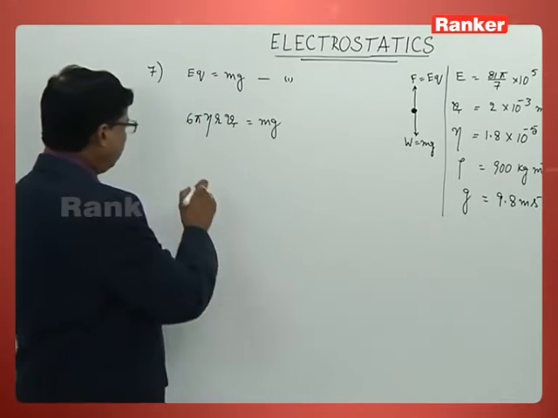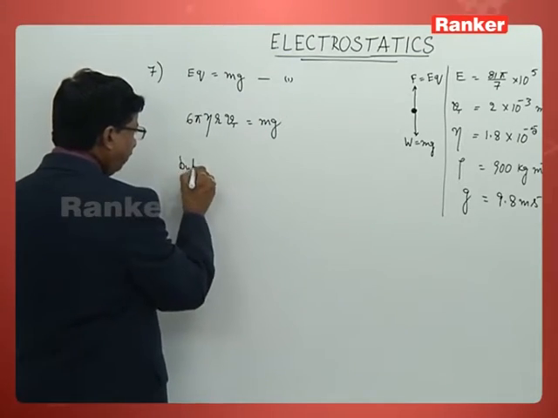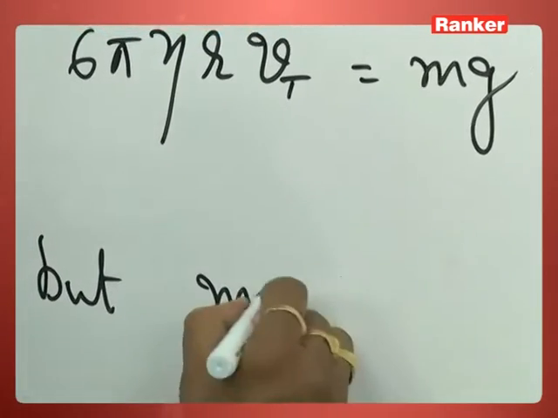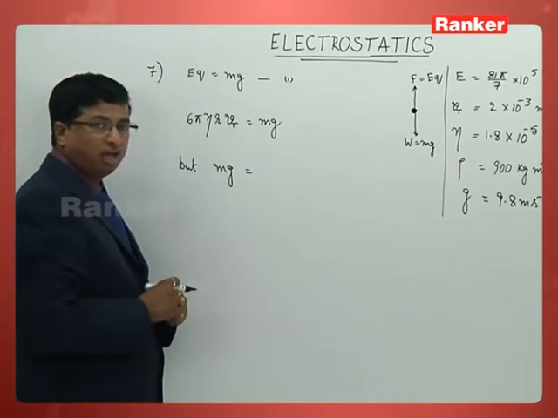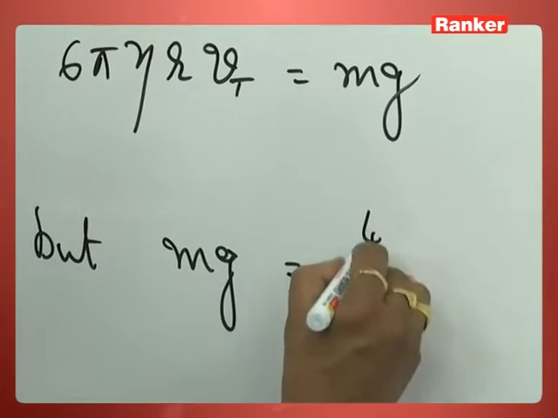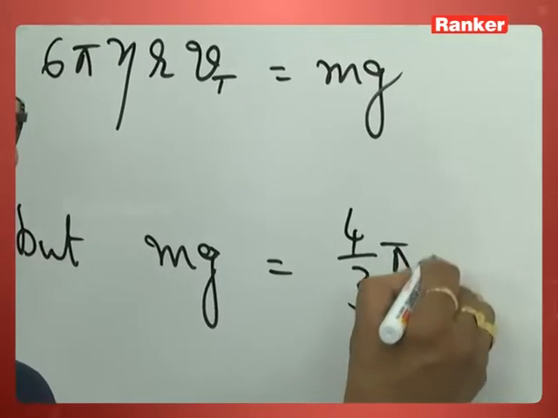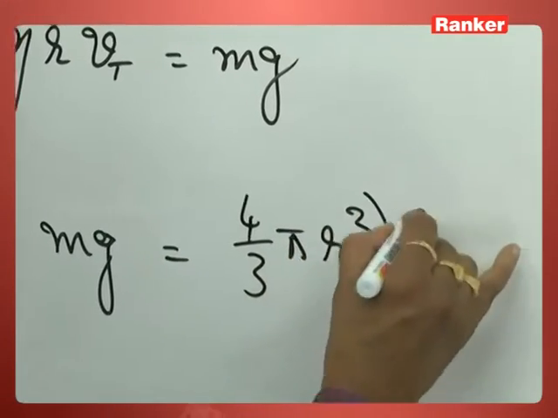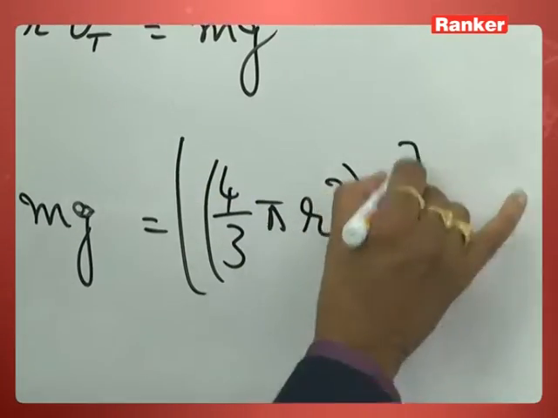But at the same time, we all know mg, that is mass into acceleration due to gravity, is the weight. But can't you understand this one as 4 by 3 pi r cube into rho into g directly?